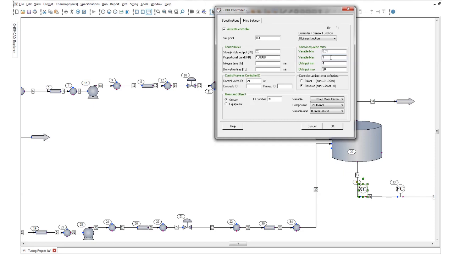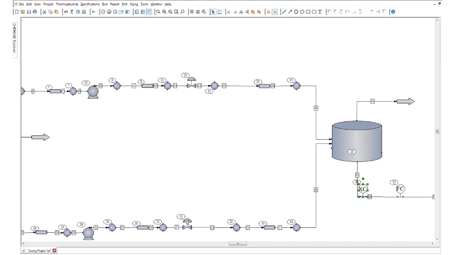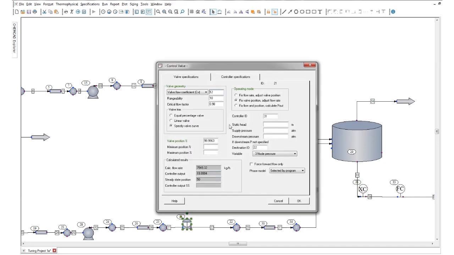So that controller will activate on that valve. If I double click on the valve, it is a specified valve curve. If you remember looking at the Mason-Neilan catalog, they give us a valve coefficient as a function of valve position. We'll see what that will look like in just a second.